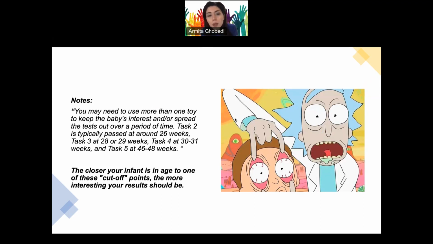But if the baby couldn't maintain object permanence, I want you to mention that in your experiments, in your project write-up, and in your video, because this is so important, and I want your assumption for that. For example, if your baby is in that cutoff point but couldn't maintain the task, you can say the baby was tired, or the baby was distracted because the room was full of people, or maybe the toy was not interesting, maybe it was nap time for the baby.